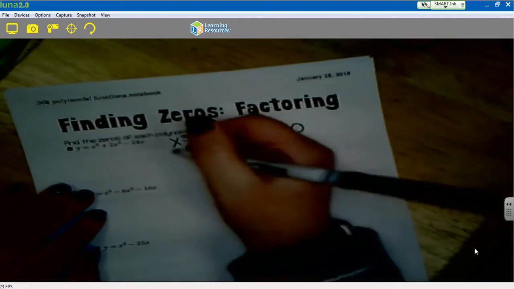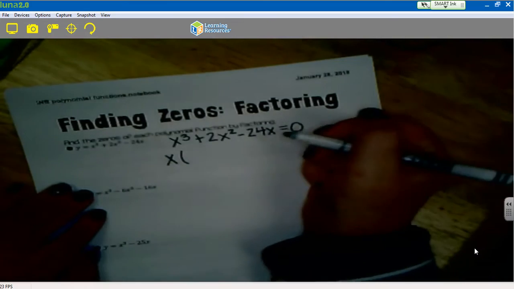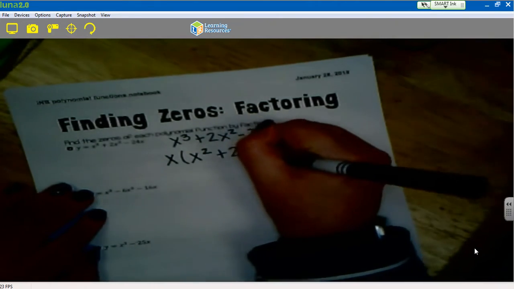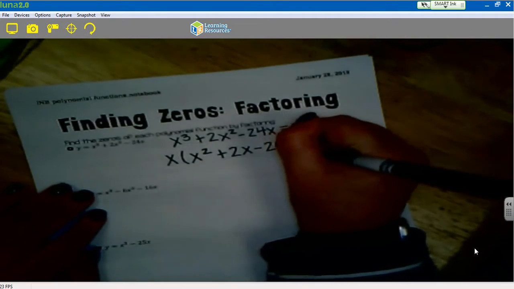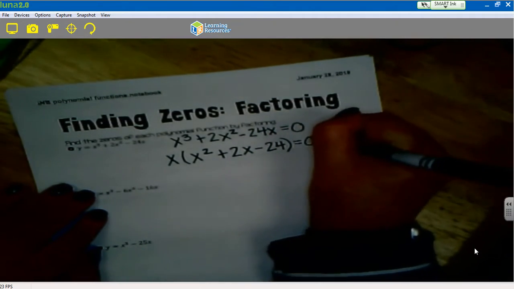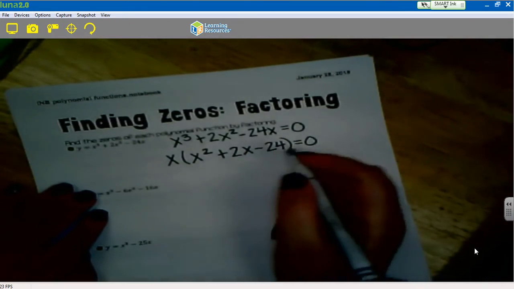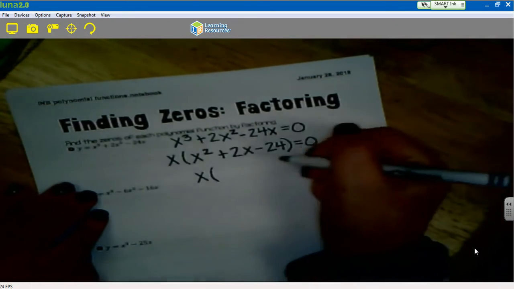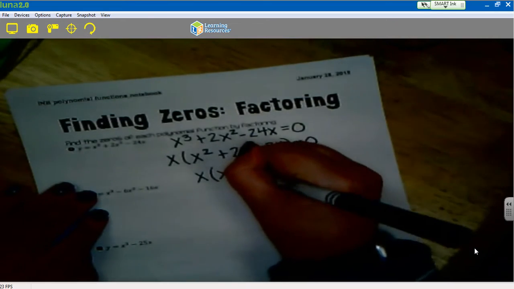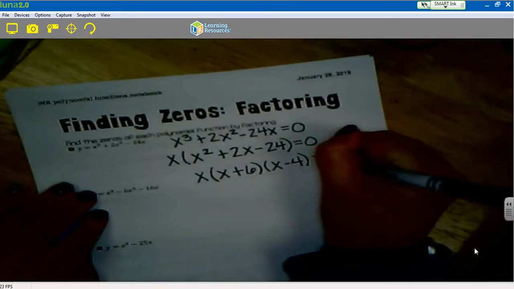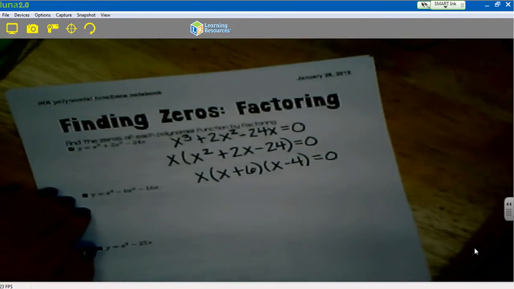So first GCF, that would be an x. So we're left with x squared plus 2x minus 24 is equal to 0. Factor inside your parentheses. So that's going to be an x plus 6 and an x minus 4 is equal to 0.